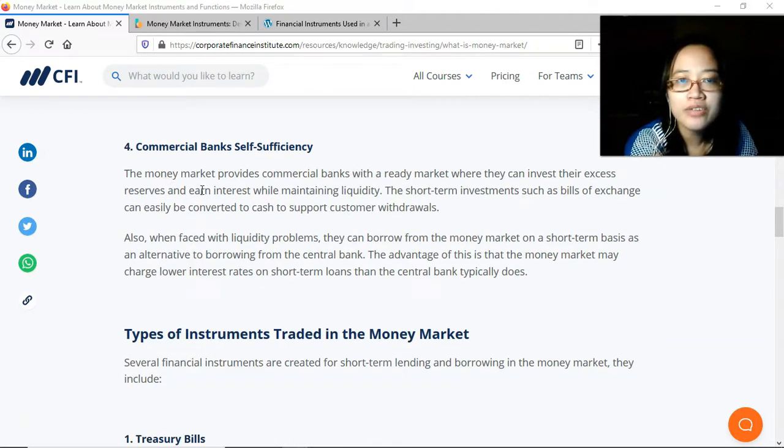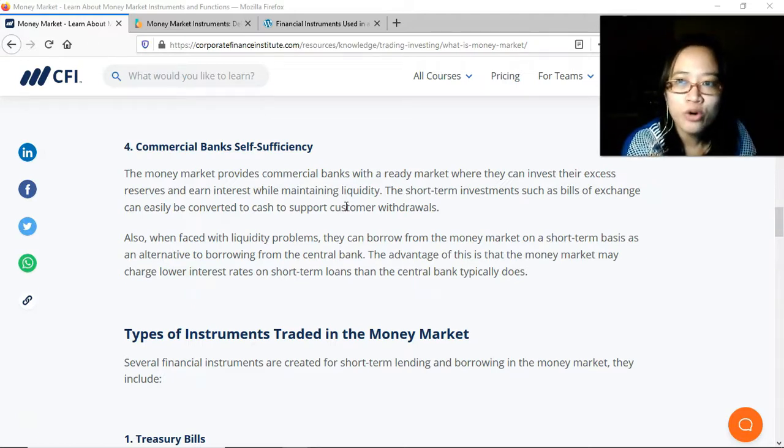Commercial bank self-sufficiency. The money market provides commercial banks with a ready market where they can invest their excess reserves and earn interest while maintaining liquidity. Commercial banks or any other types of banks for that matter, di ba, they have reserve requirements being imposed by the central bank. So they have to ensure that they have sufficient cash on their vaults or on hand para dun sa mga withdrawal needs ng kanilang mga customers.